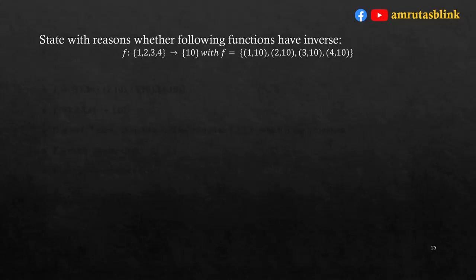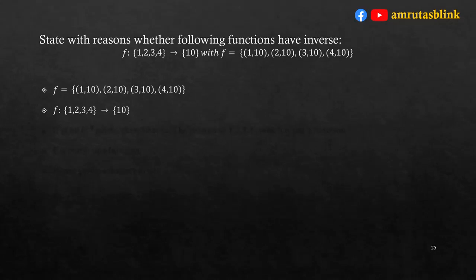Moving to the next problem. State with reasons whether the following functions have inverse. f is equal to {1, 2, 3, 4} related to {10}, with f equal to {(1, 10), (2, 10), (3, 10), (4, 10)}. Now, in this case, f is given as 1 is related to 10, 2 is related to 10, 3 is also related to 10 and 4 is also related to 10.